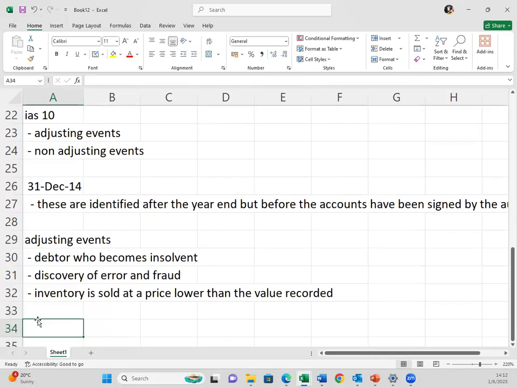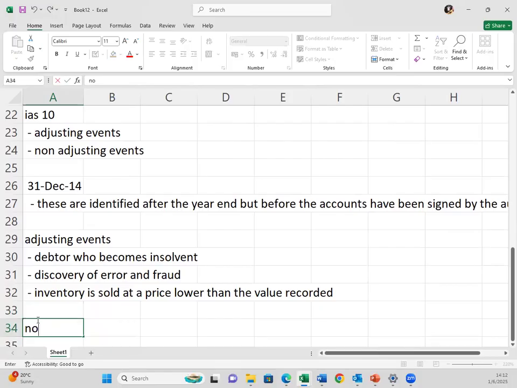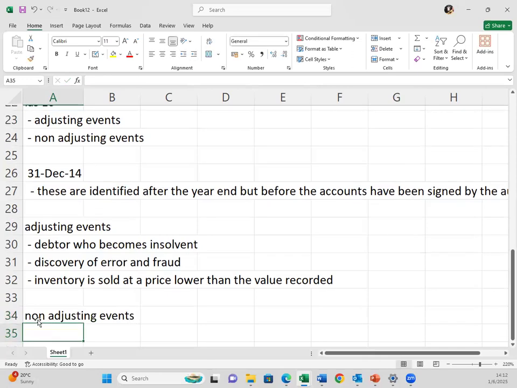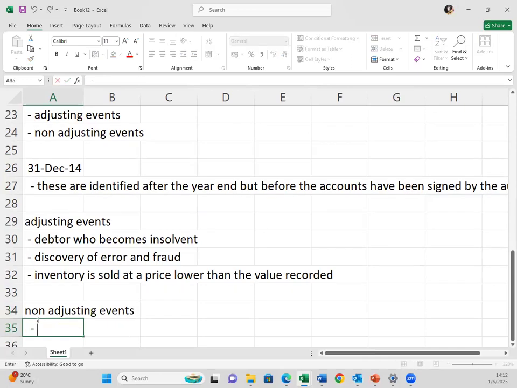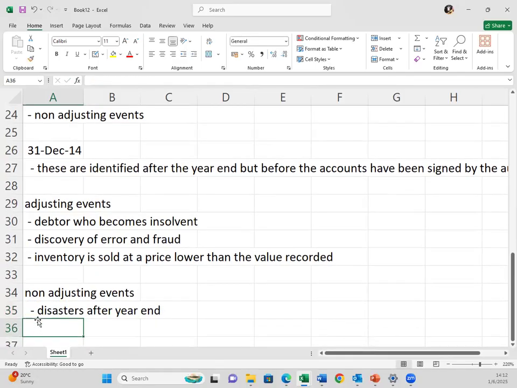Then the non-adjusting events. The common non-adjusting events that they will bring are issues to do with disasters after the financial year. So as you can see, there was a fire after the financial year. That is not an adjusting event. So we're told maybe the warehouse got burnt after the year end.